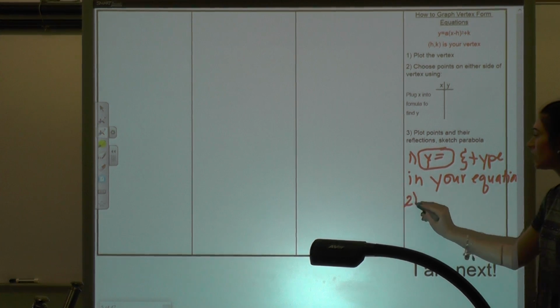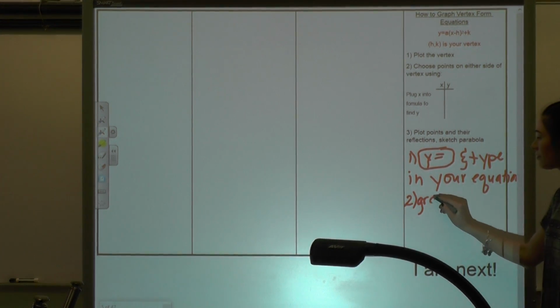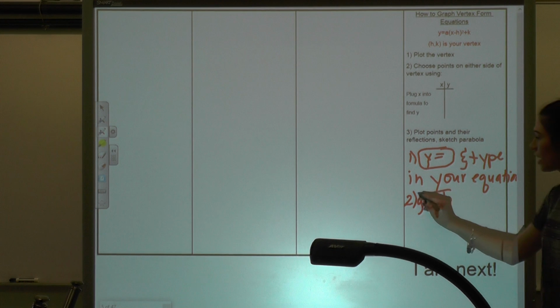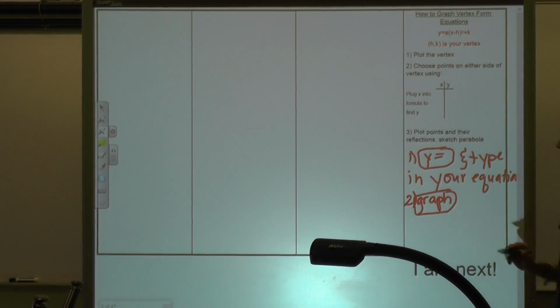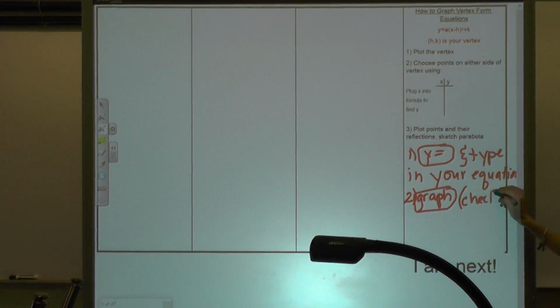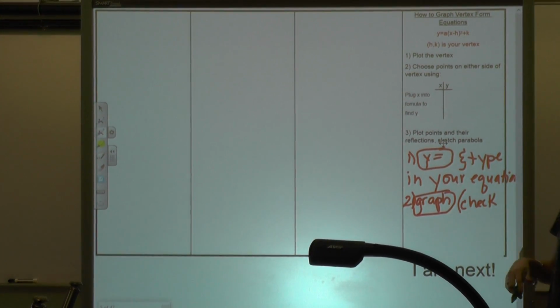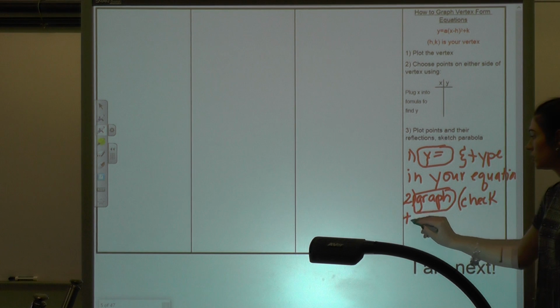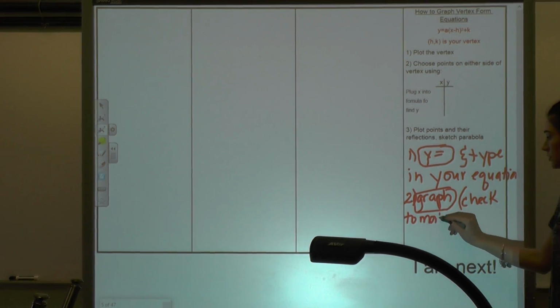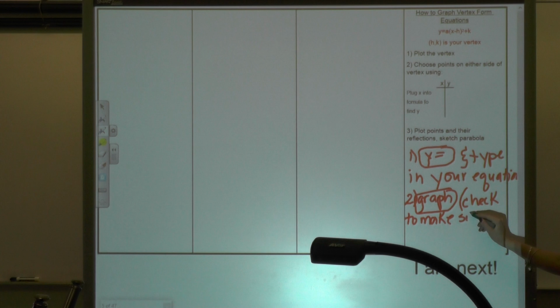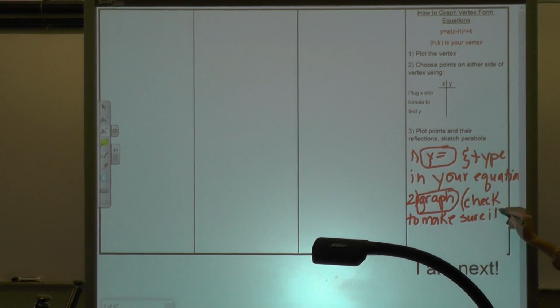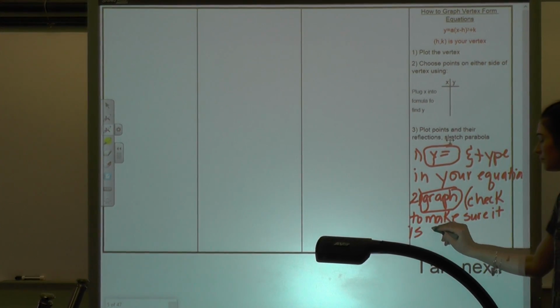The second step is to hit graph. You're going to do this just to check and make sure that it is a parabola.